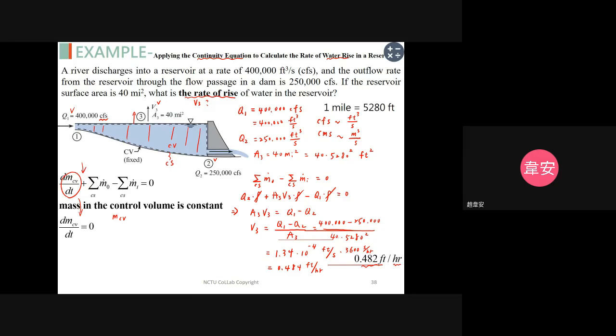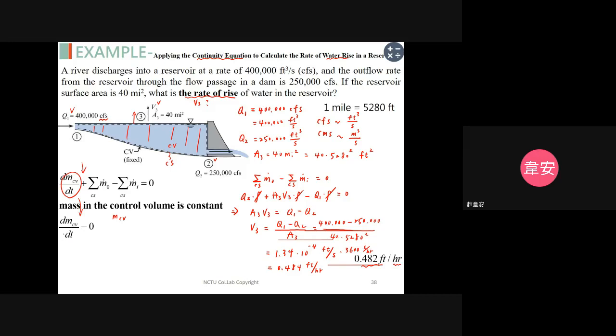If the water always increases, the mass inside the dashed line will not change when the time changes.